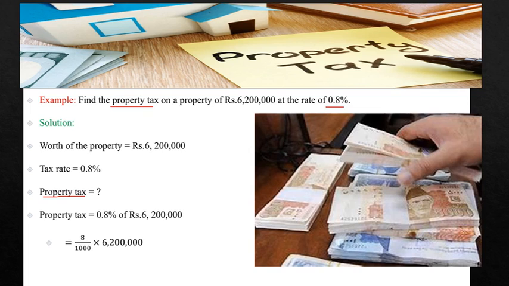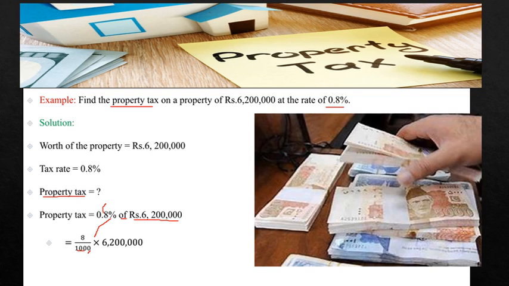Property tax will be equal to 0.8% of the given worth, that is 62 lakh. This is equal to 8 divided by, percent will convert into 100, and this decimal we remove, and instead of this we will write divide by 10 and 100, and that becomes 1000.